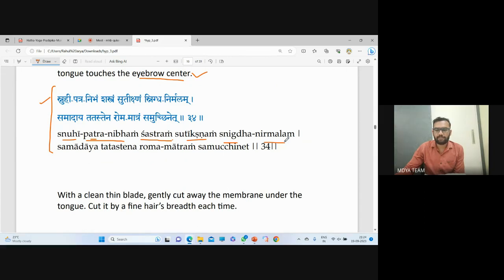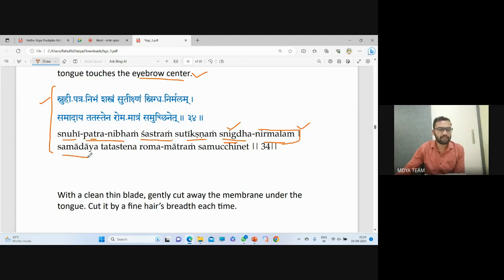Snigdham nirmalam, that instrument should be soft, smooth, nirmalam, and it should be free from bacteria and impurities. It should be clean. These are the qualities of the instrument which we are using for the Chedan exercise.